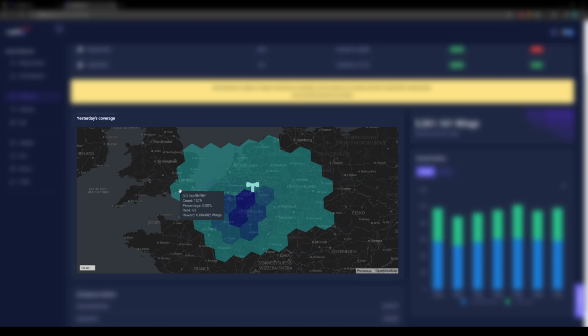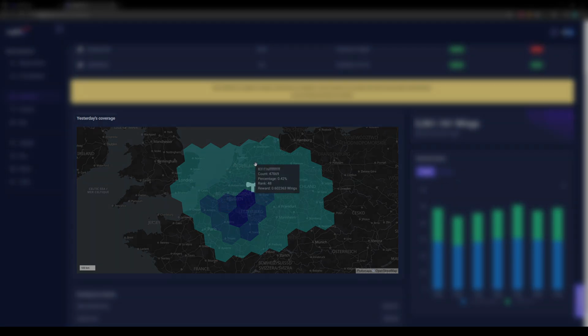I wouldn't expect it to have high coverage that far away, but it's interesting to note that it happens. The important part is there's a few hexes that you're doing really well in, and you're covering at least 10 to 15 total. And all the others are just providing smaller rewards, but they add up.